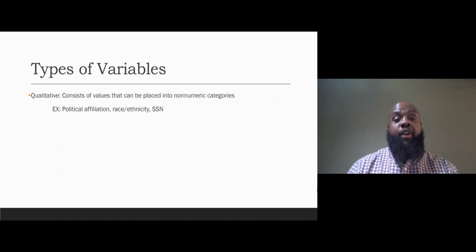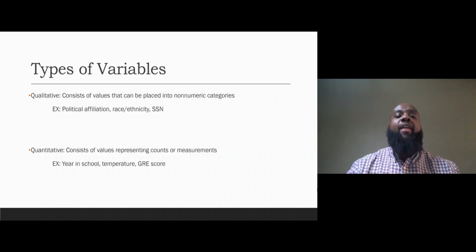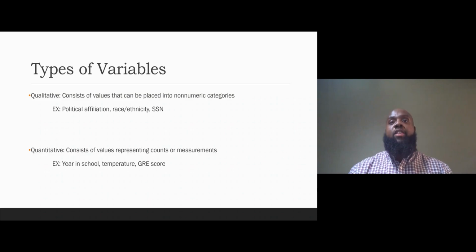The other type of variable are those numerical variables that we may have in research, and those are called quantitative variables for representing the quantity of something. Here it says that these variables consist of values that represent counts or measurements.